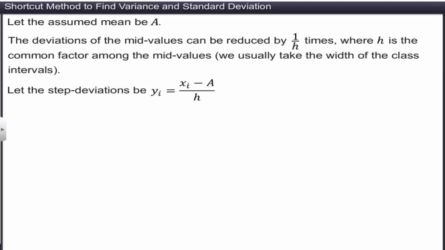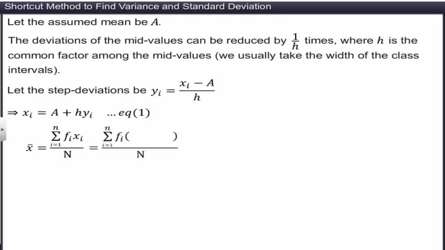This implies xi is equal to a plus h yi. Let this be equation 1. We know that the mean x bar is equal to the sum of the products fi and xi divided by n. On replacing the value of xi from equation 1, x bar is equal to the sum of the products of fi and a plus h yi whole divided by n.